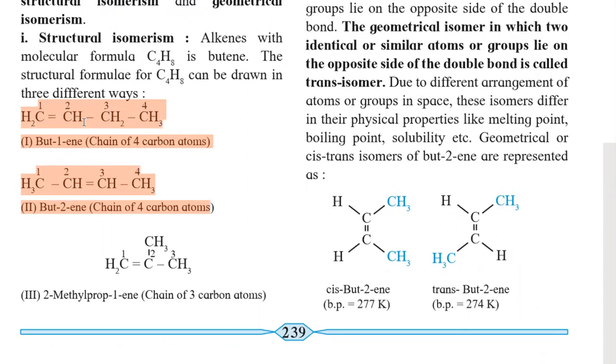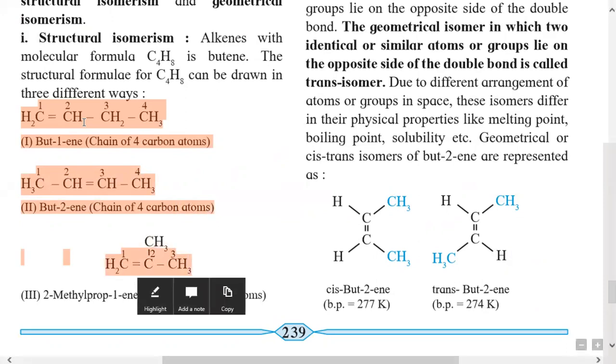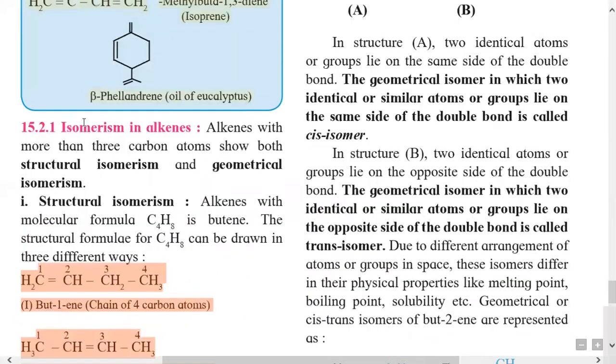Therefore, these are called position isomers. And structure 1 and structure 3, or structure 2 and structure 3, are chain isomers because structure 1 has a straight chain and structure 3 a branched chain. Similarly, the second structure is a straight chain and the third structure is a branched chain. So 1 and 3 or 2 and 3 are chain isomers.